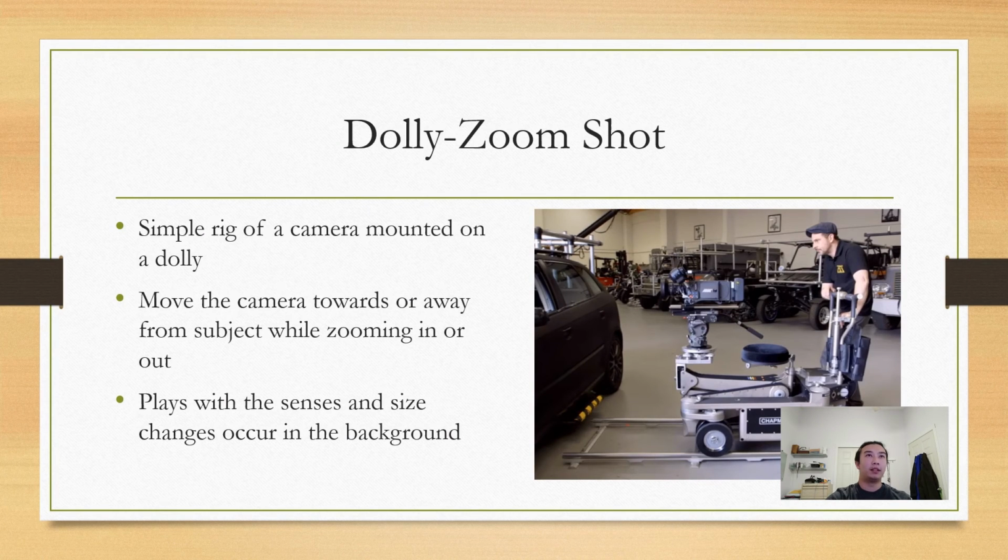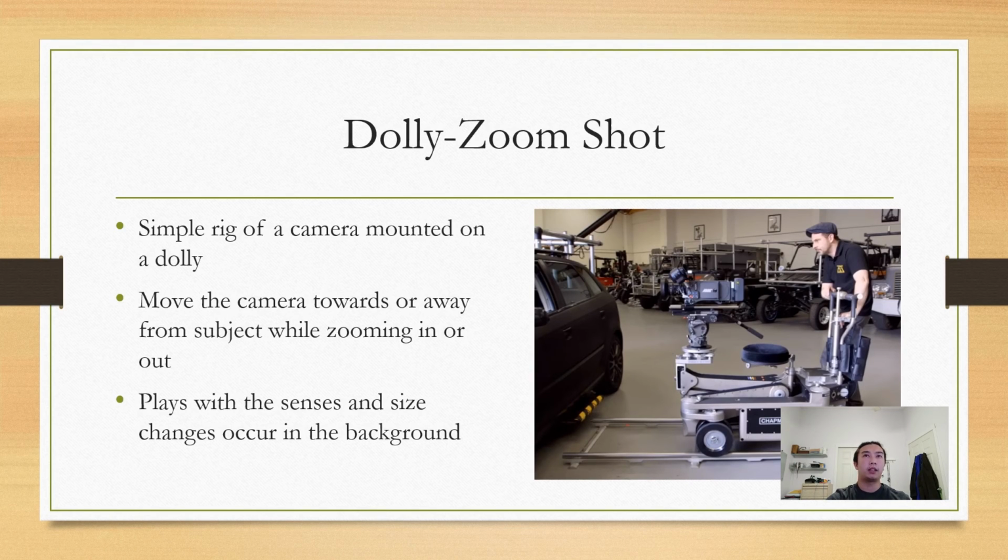Thanks, Amin. So another camera angle frequently used by director Martin Scorsese is the dolly zoom. The dolly zoom is a rather simple in-camera technique where the camera is mounted on a dolly and moves towards or away from the subject while simultaneously zooming in or out. The combination of the motion and the zoom does multiple things.